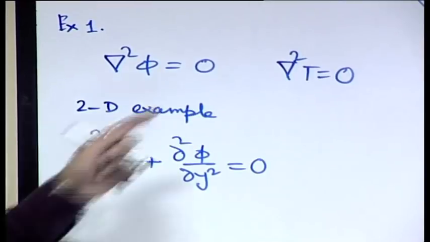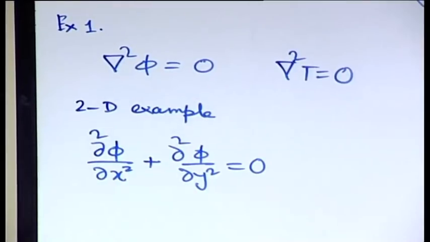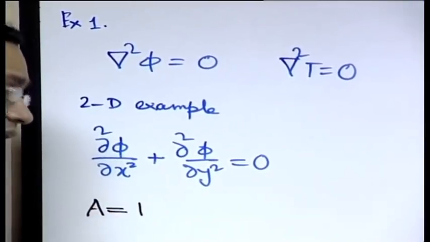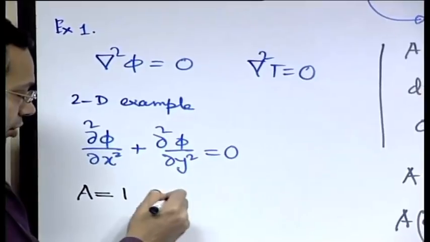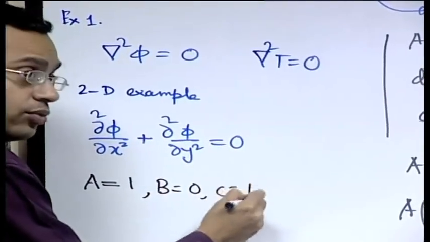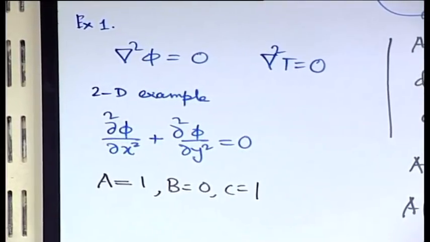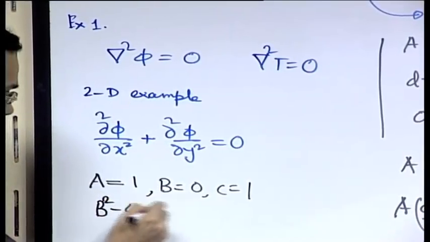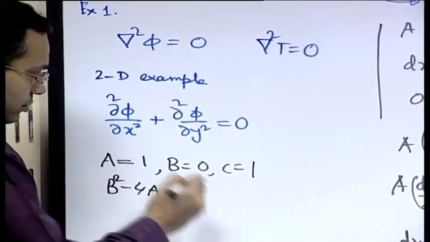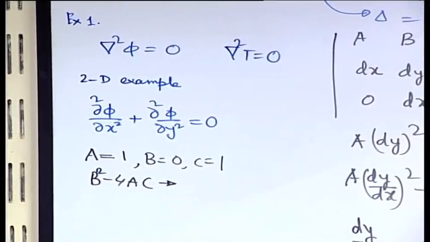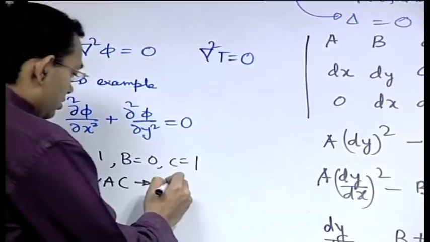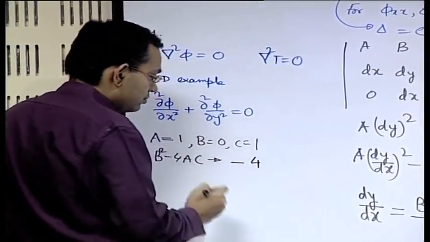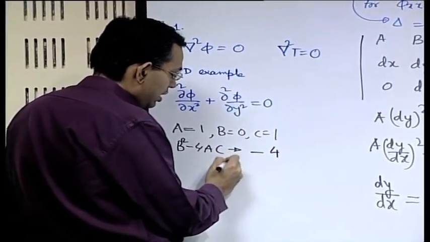So, if you try to figure out what is its particular nature, you have A equal to 1, B equal to 0, C equal to 1. So, what is B square minus 4AC? So, minus 4. So, that means it is elliptic equation.